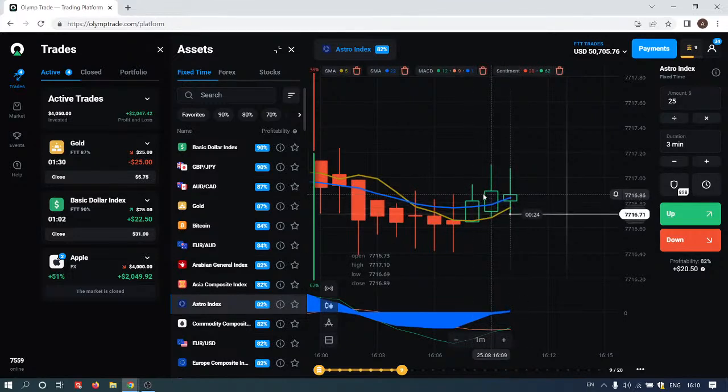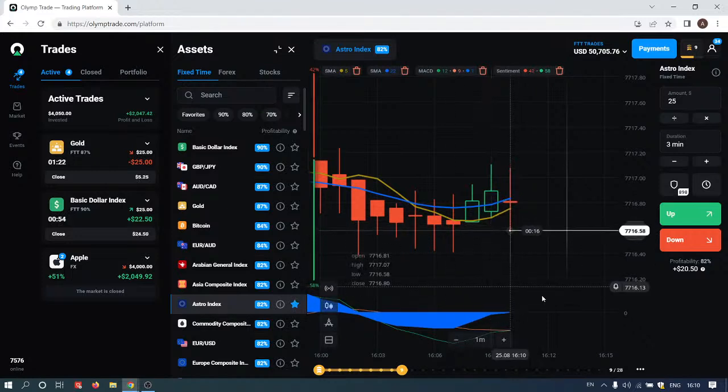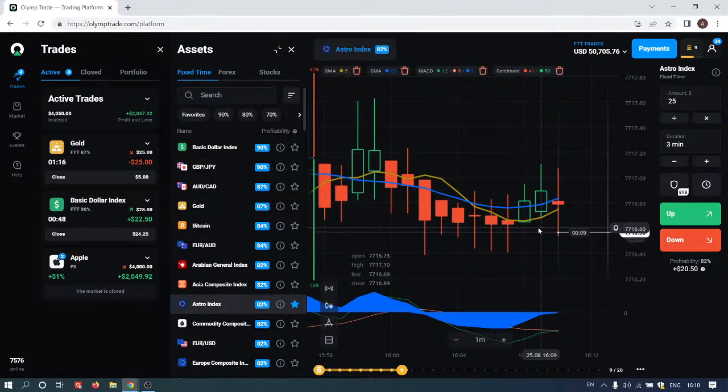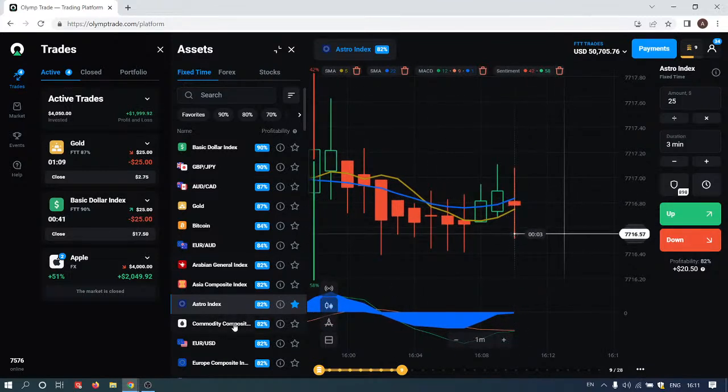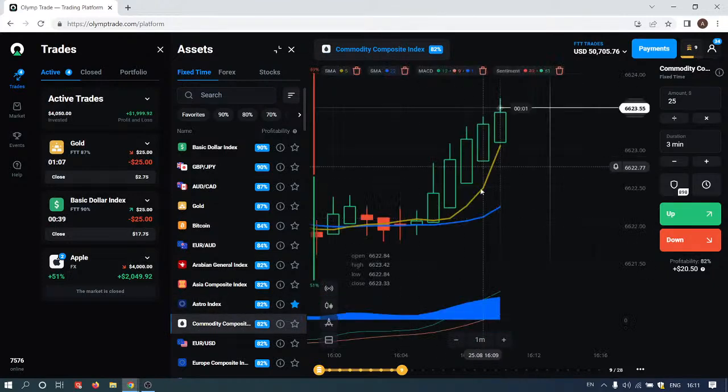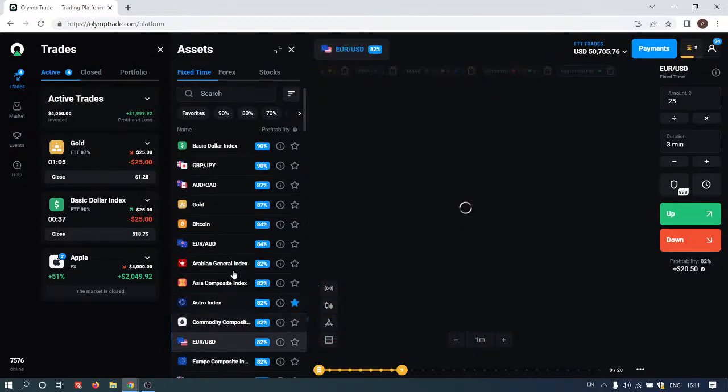The color of the Heikin-Ashi candlesticks is green, plus the angle looks upwards, and it's about to cross. Okay, so pay attention. I'm not opening a trade. I'm just prepared to open a trade. I'm considering it. And right now I don't see a signal. So let's go ahead and try and find some other signal.